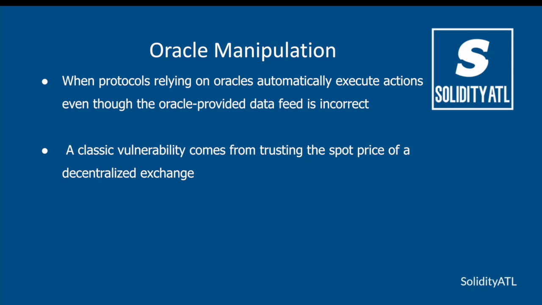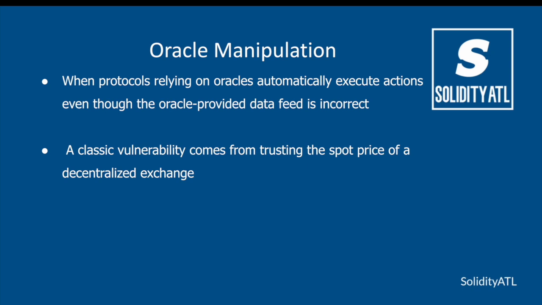This is something that you as a developer or a security auditor have to watch out for, because what if that oracle feed is wrong? If you are getting incorrect token conversions, your protocol may be giving more tokens than it should, or not as many tokens as it should. So this is something you must pay attention to if you're implementing an oracle. There are all kinds of security checks you're going to have to include.